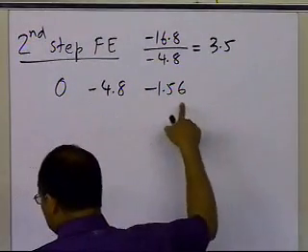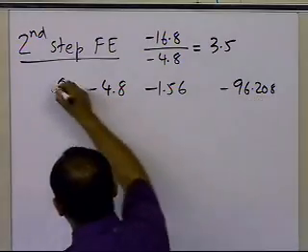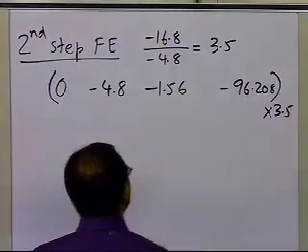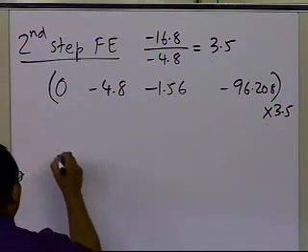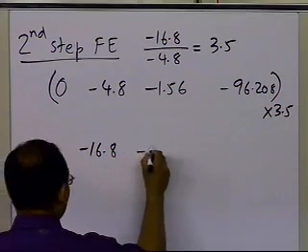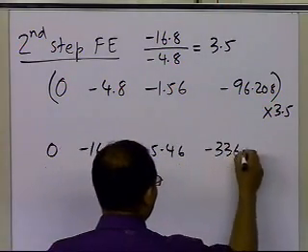So I'm going to write down the second equation, and this whole thing needs to be multiplied by 3.5, because that's the multiplier which we obtain, and we get 0, minus 16.8, minus 5.46, and minus 336.728.